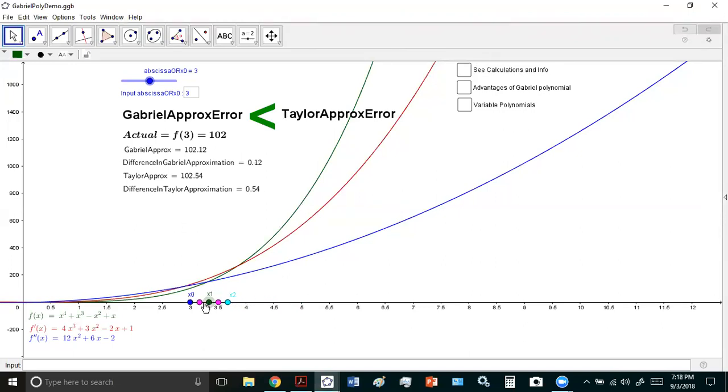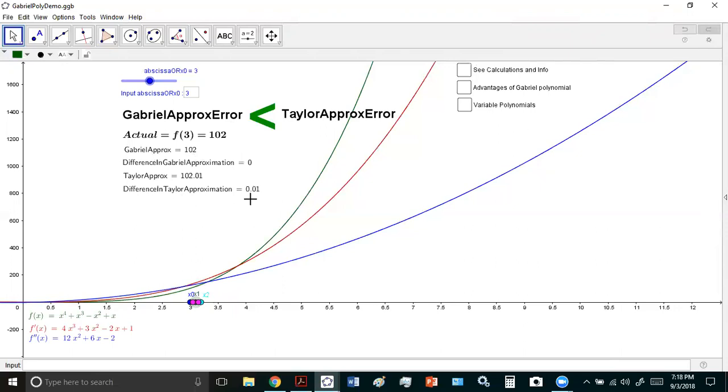And not to spend too much time, if you decrease the space of your intervals, you will see that the Gabriel approximation is always better, and the error in this particular case is less, so that when you get pretty close, even like so, let's just see here, okay, look at that.